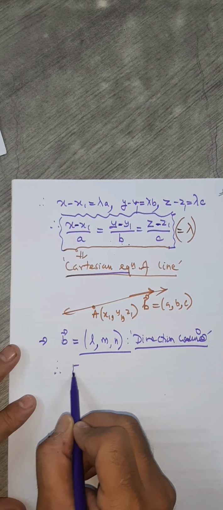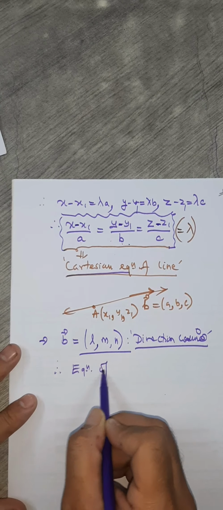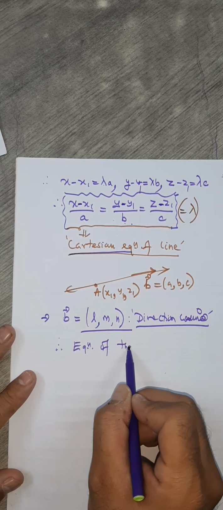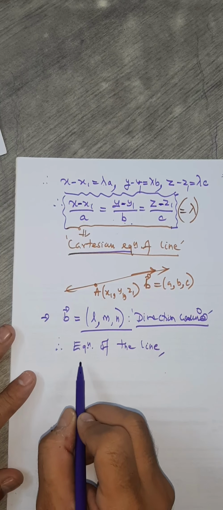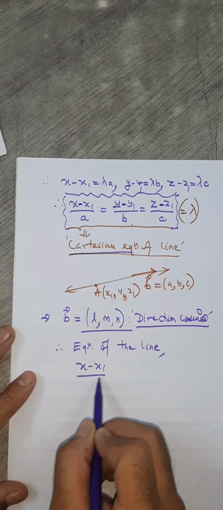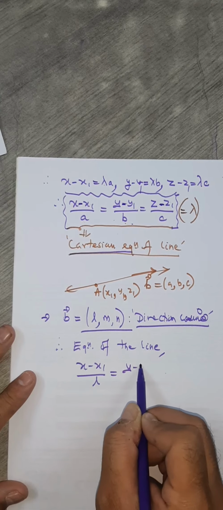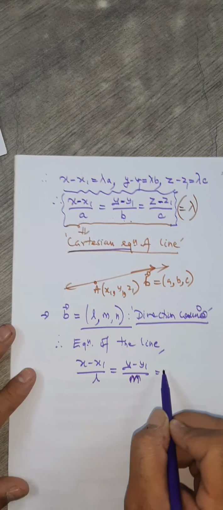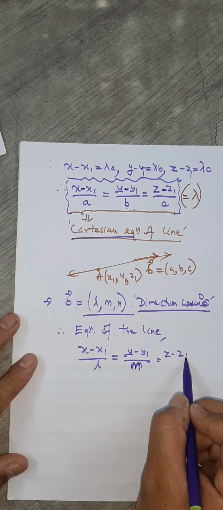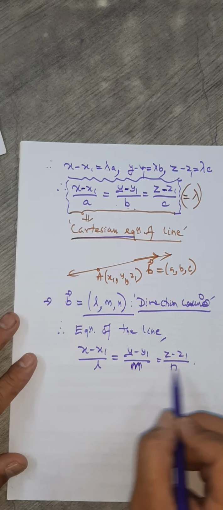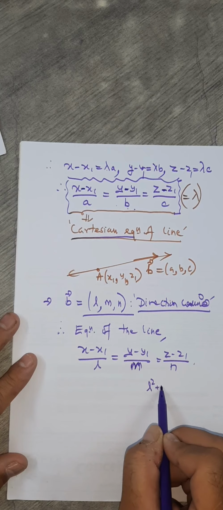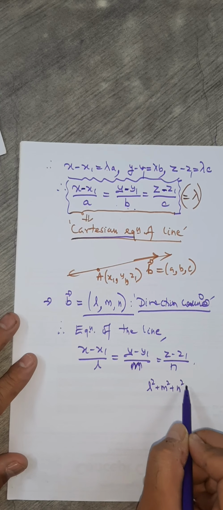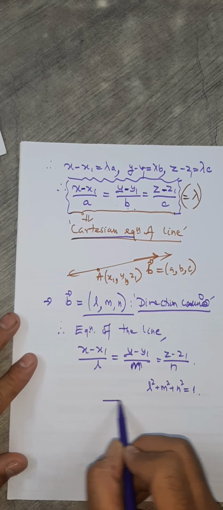So therefore the equation of the line you can write like this: x minus x1 by l equals y minus y1 by m equals z minus z1 by n, where this l, m, n are direction cosines, so l squared plus m squared plus n squared is 1. Remember, this is always true.